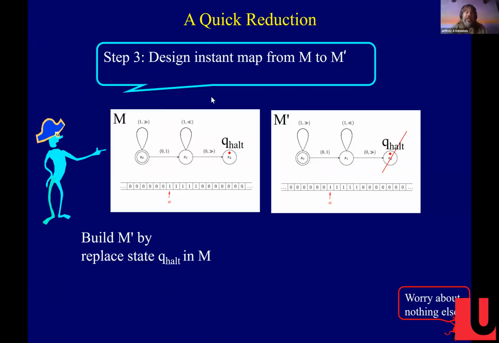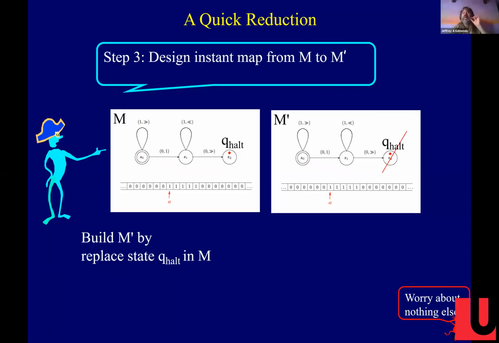We're going to take our Turing machine M, and we're going to copy it, an exact copy of the Turing machine, except we're going to make a small change to it. When M goes to the halt state, what is M prime going to do?